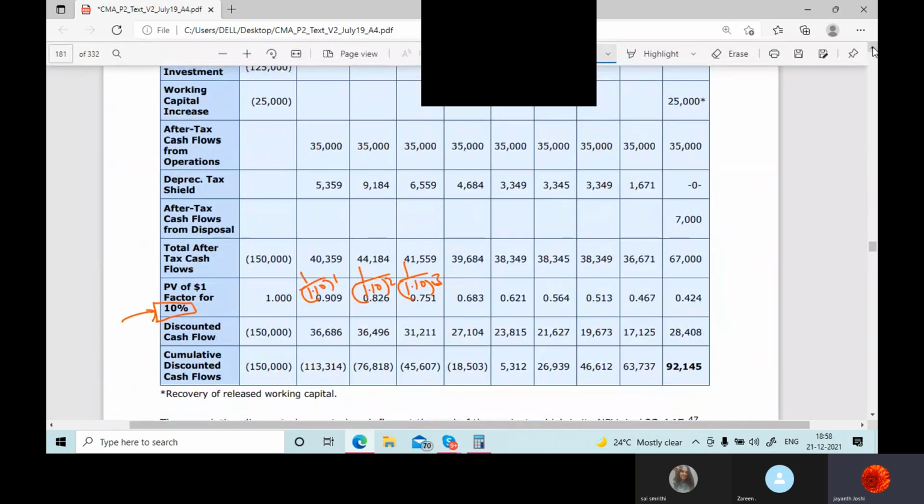So you can also do the calculation here: 1 by 1.10 whole power 4, whole power 5, whole power 6, whole power 7, whole power 8, whole power 9.